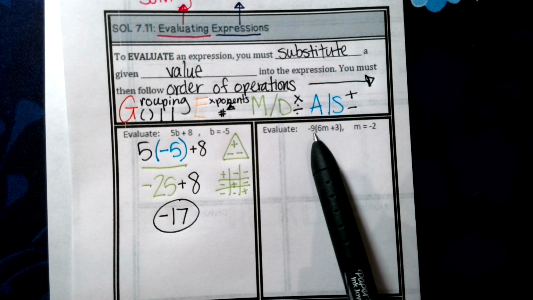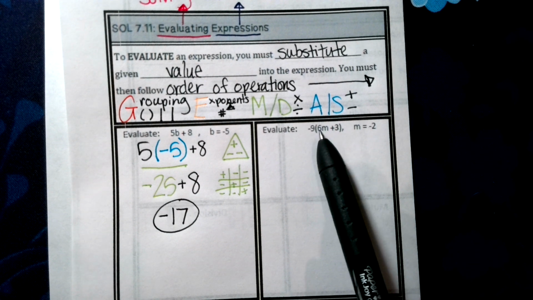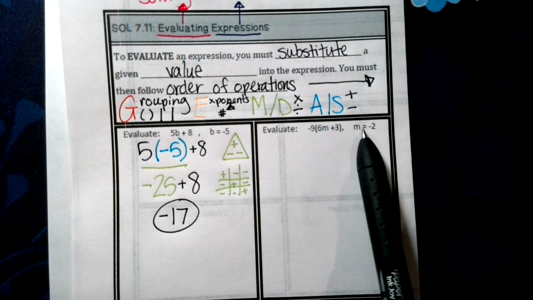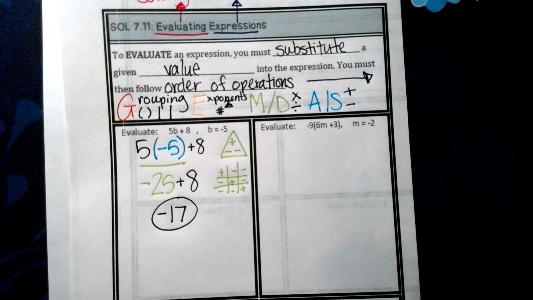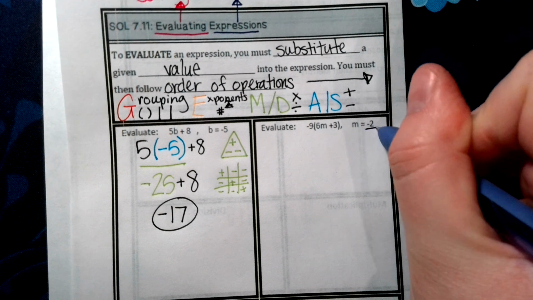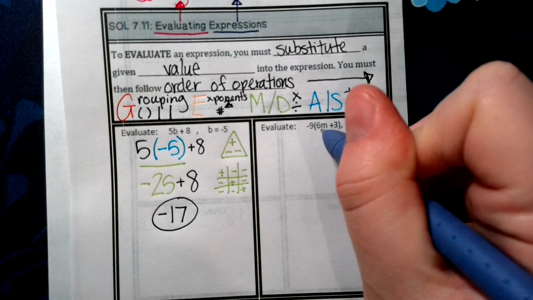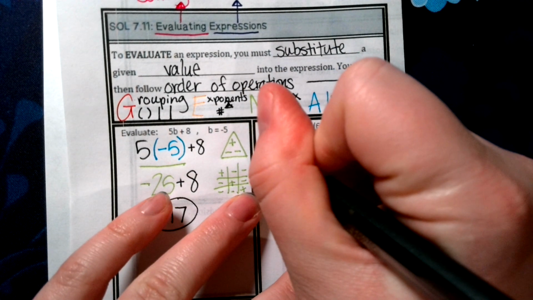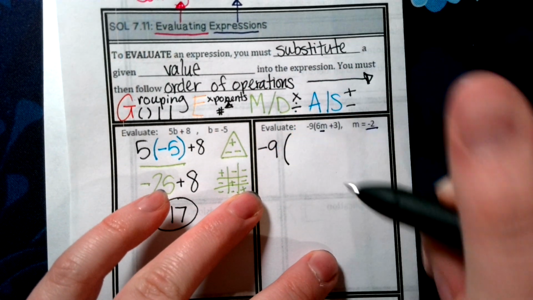We have negative 9, parenthesis, 6m plus 3, close parenthesis, and they tell us that m is equal to -2. So we want to take this number and substitute it in there for that m. So we're going to do that and rewrite the problem. So we have -9, parenthesis.